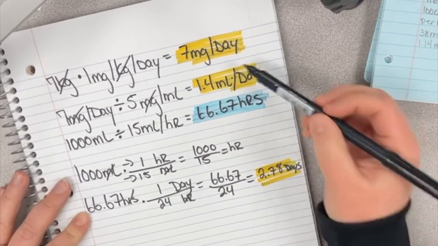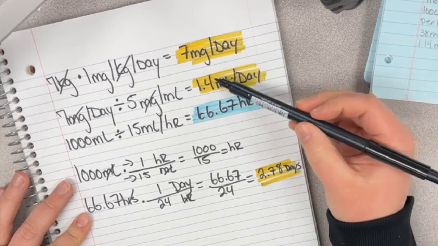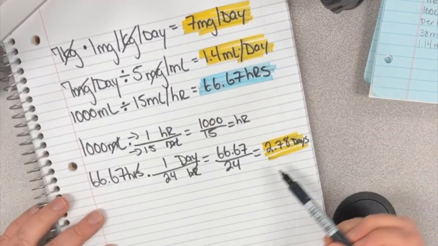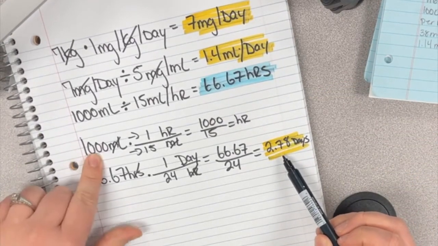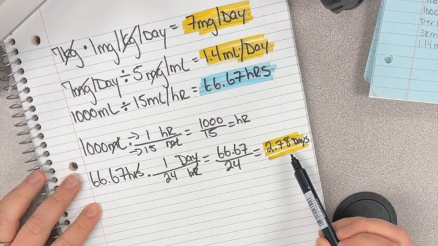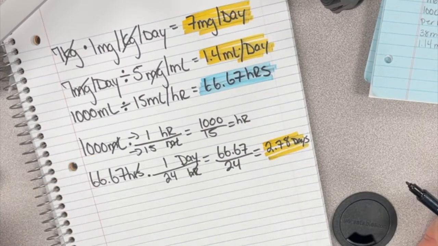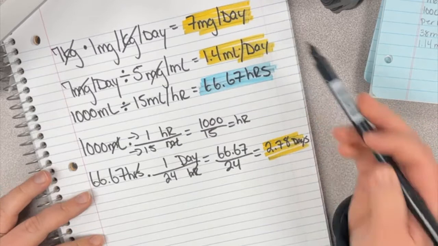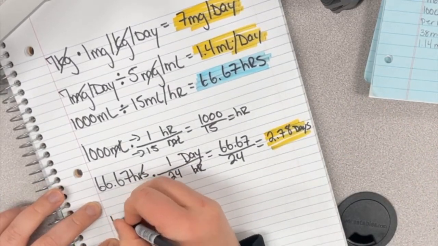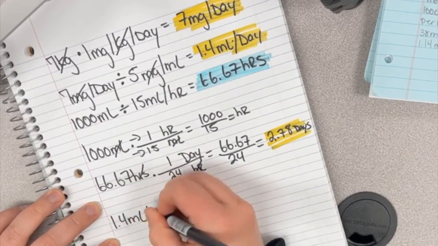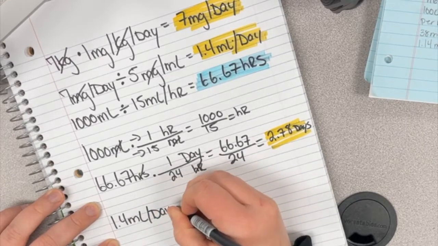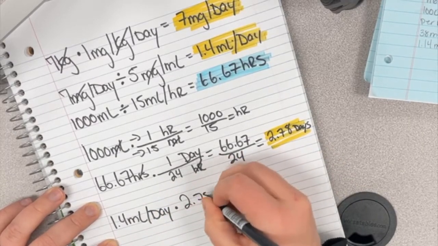So now that we have everything matching, we have 1.4 mLs per day, and we know that the 1 liter bag of fluids is going to last 2.78 days. All we have to do now is multiply. So we're going to take that 1.4 mLs per day and multiply it by the 2.78 days.